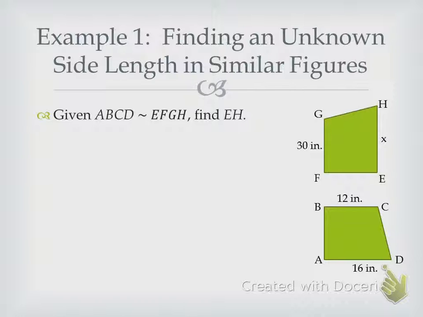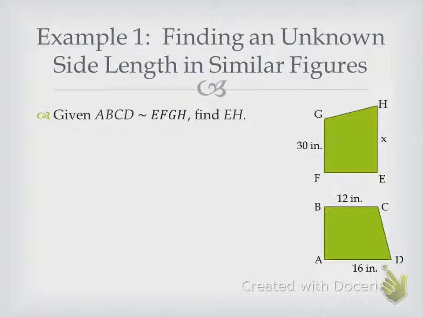Okay. Now, the proportion that I set up has to include the side that I don't know. And you have to make sure that for each ratio you're comparing either the first shape to the second shape or the second to the first. Here's what I mean by that.